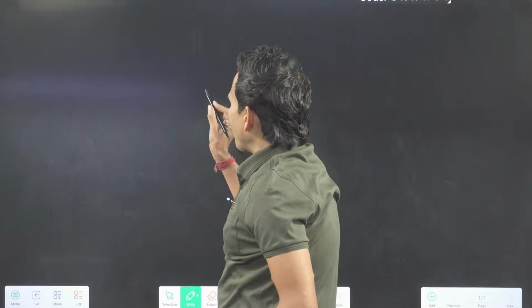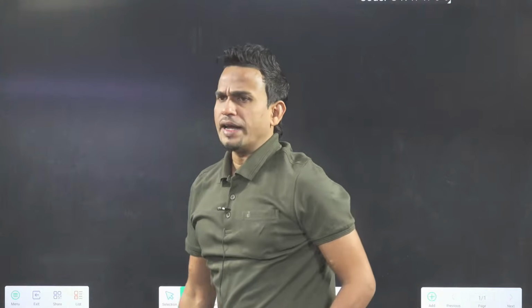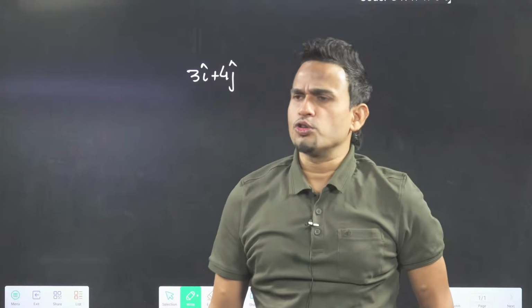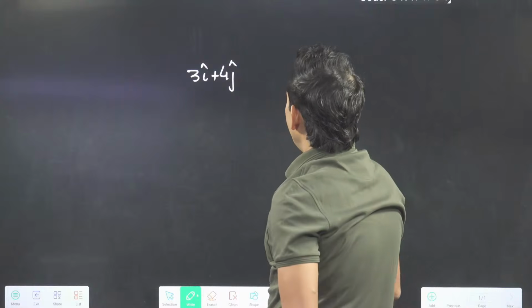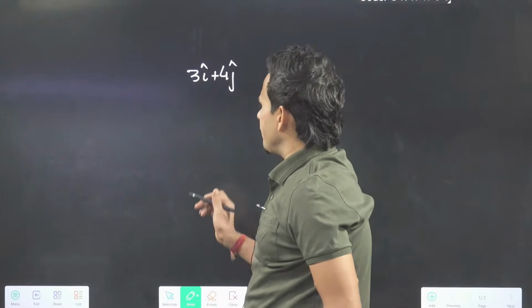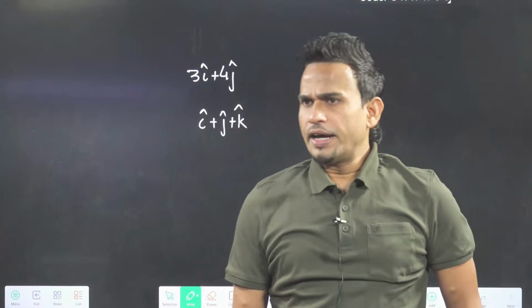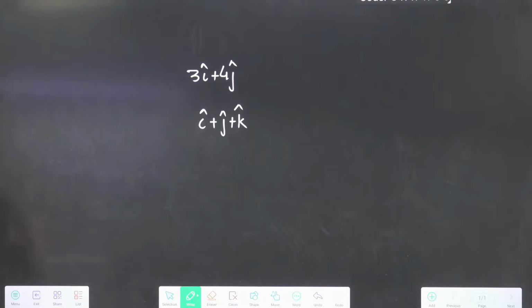Find a vector whose magnitude is double of vector 3i cap plus 4j cap and direction is same as vector i cap plus j cap plus k cap.